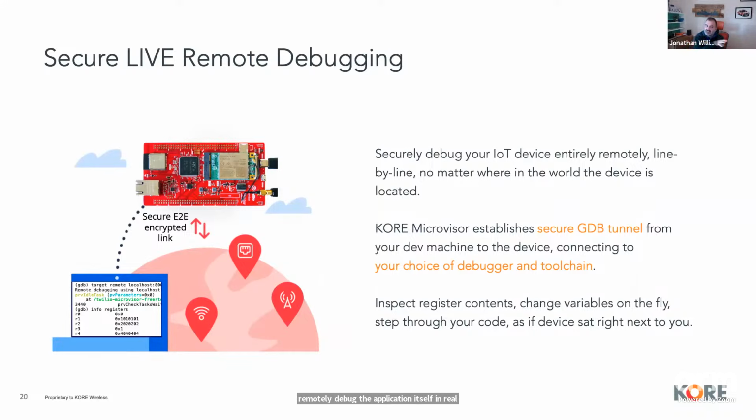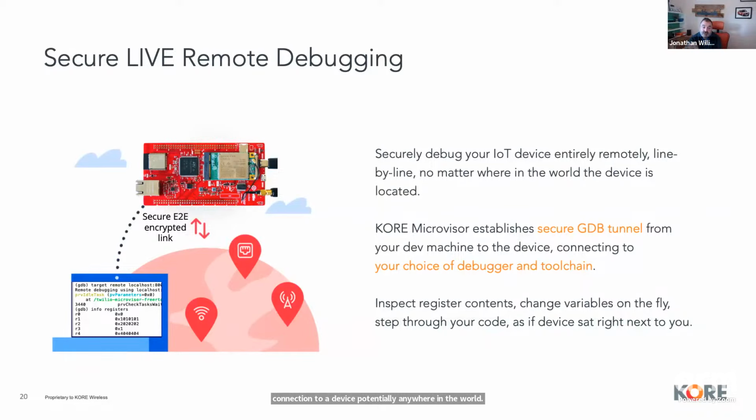And if we think back to that situation of a device perhaps crashing on boot, wouldn't it be great to go and find out what's going wrong with that device in real time, single step through it, see what's going on, and potentially even fix the device in the field? So secure live remote debugging enables you to do exactly this, over a Wi-Fi connection or a cellular connection to a device, potentially anywhere in the world.